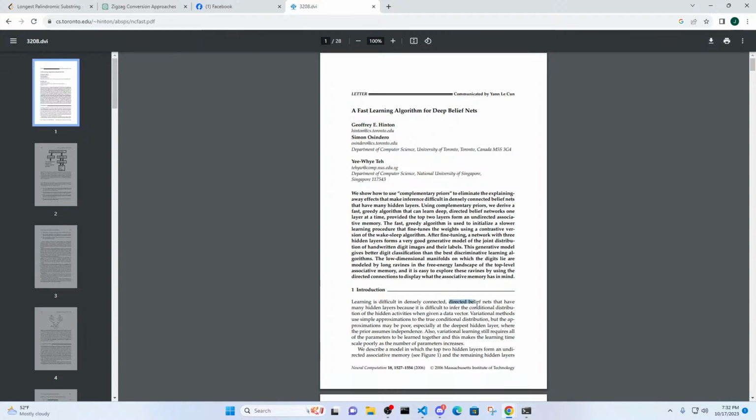Now, what's a directed belief net? What's a connected belief net? You know, actually understanding what this means before moving on to the rest of the sentence. With stuff like this, if you don't break this down and dive deeper into what it actually means, then you don't even understand the next sentence. So what's even the point?